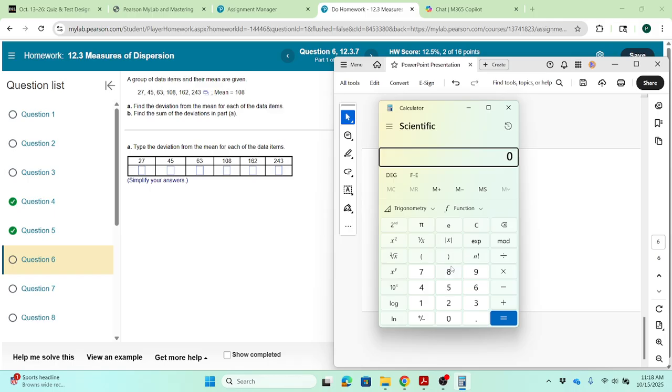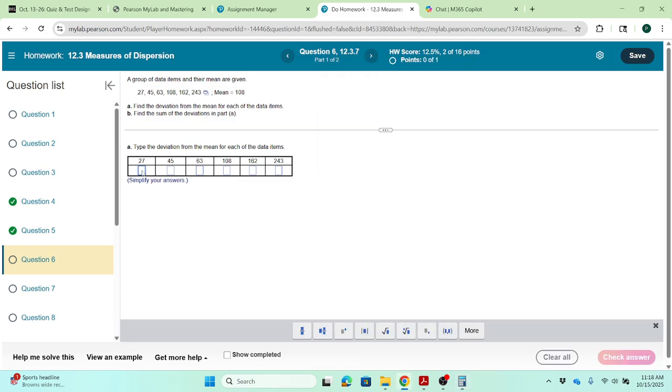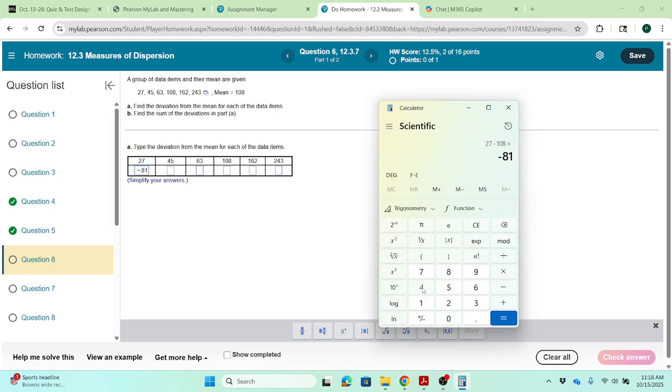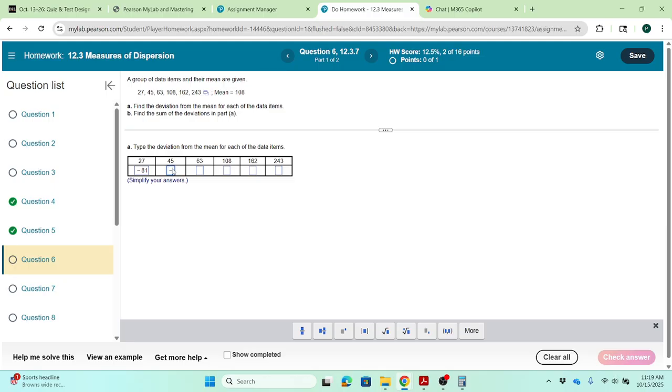So 27 minus 108 is negative 81. And 45 minus 108 is negative 63.